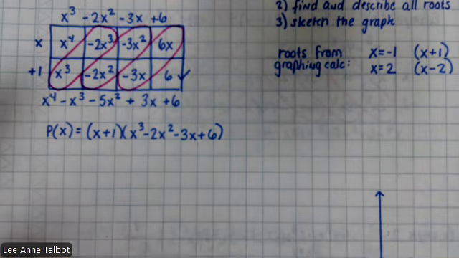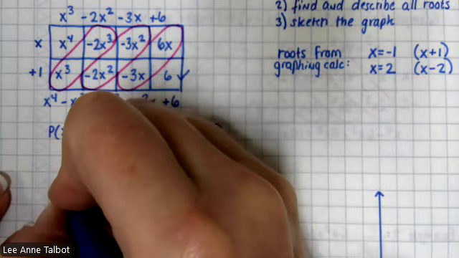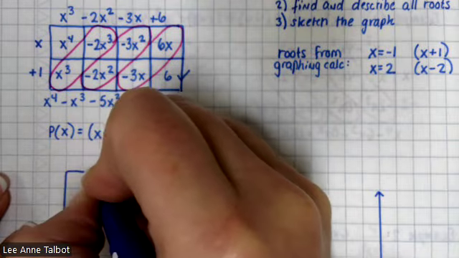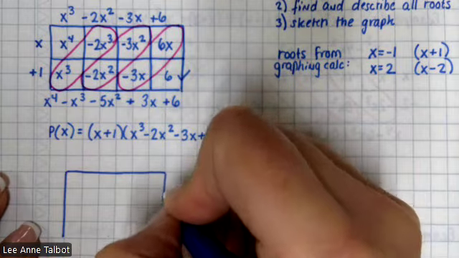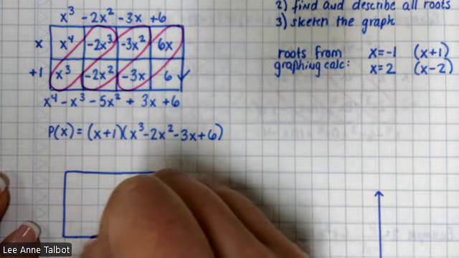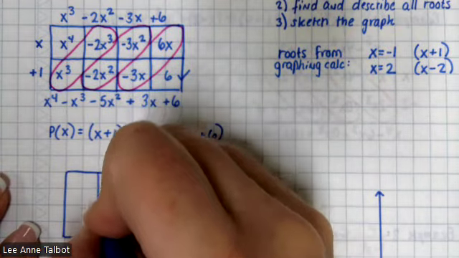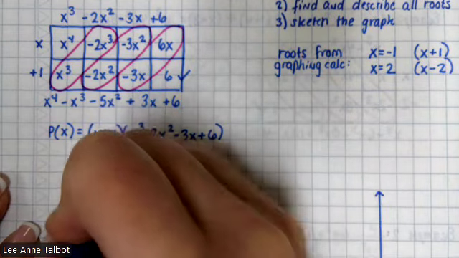Okay, now I have a cubic. So I'm going to make a 3 by 2 box. Now maybe you can see where this is going. I hope you can see where it's going.